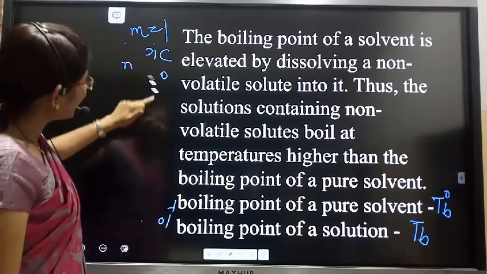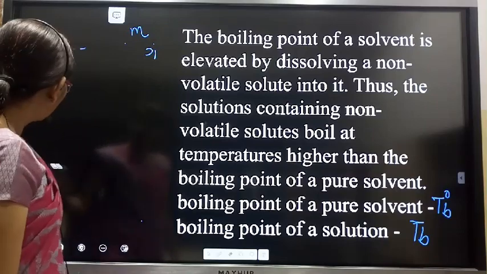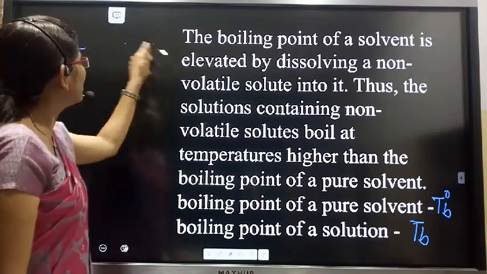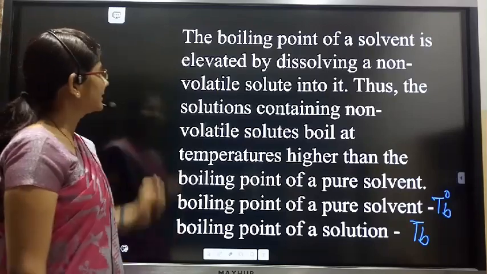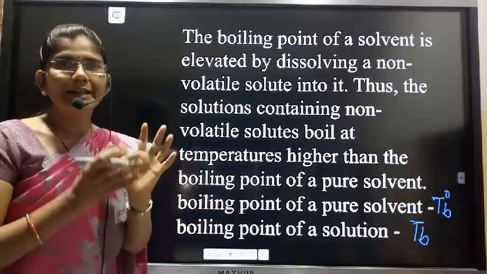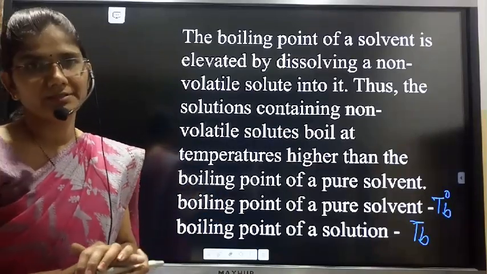It means when we add a non-volatile, non-electrolyte solute to the solvent, there is an elevation in the boiling point of the solution. So dear student, this is the definition and expression for the elevation in boiling point.